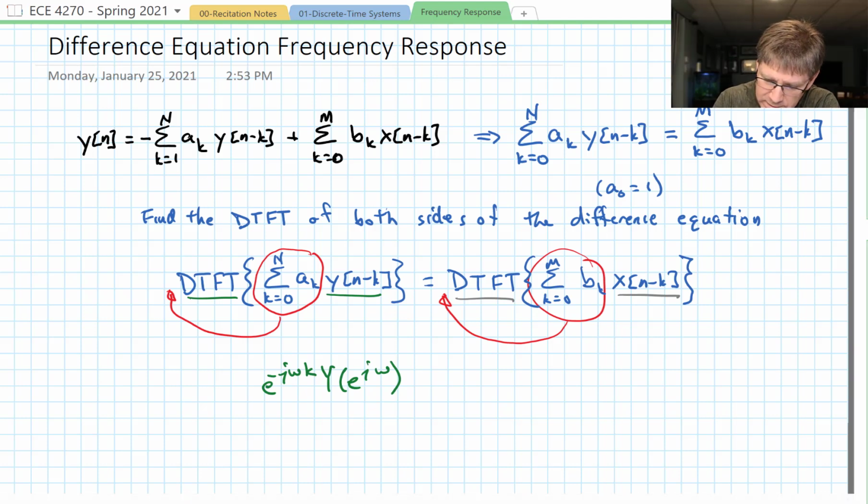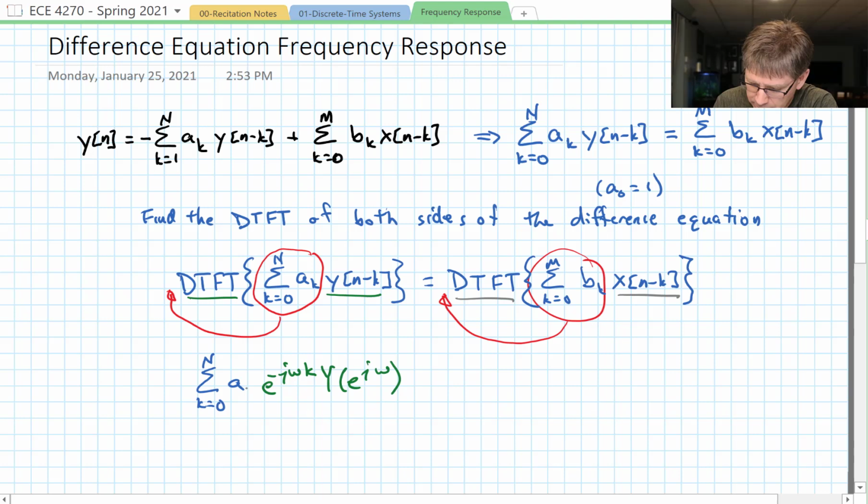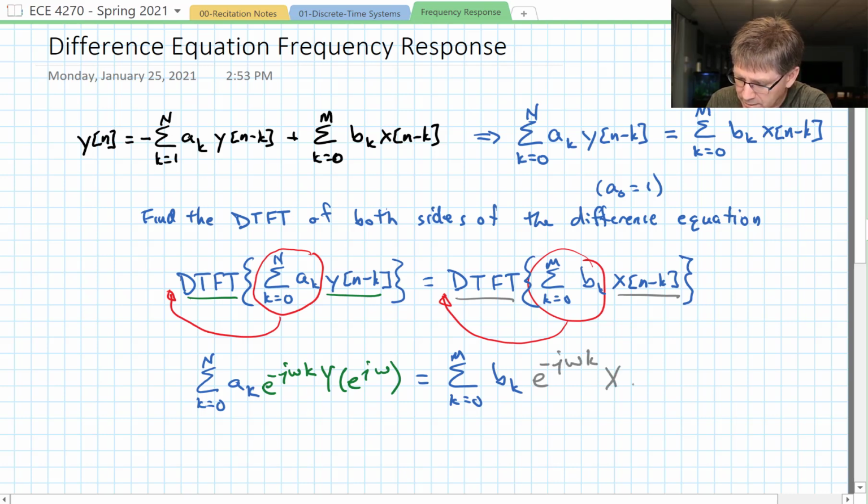Well, we still have our sum of the AKs that we need to throw out here. And we're going to get something similar on this side: the sum, k equals 0 to m, of the bk's, with this e to the minus j omega k, times X of e to the j omega. And that's from the DTFT of x of n minus k.